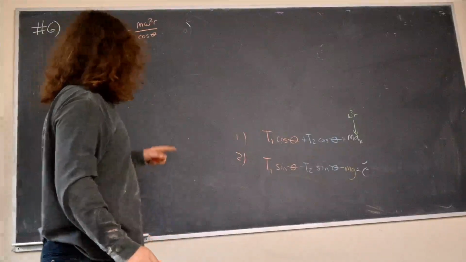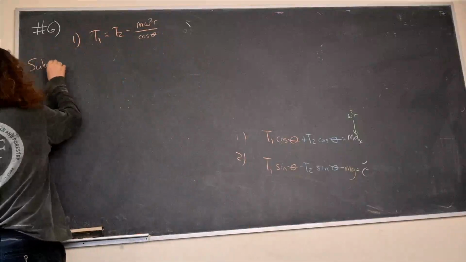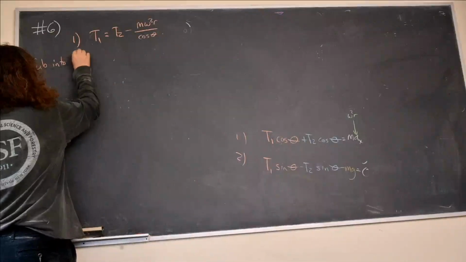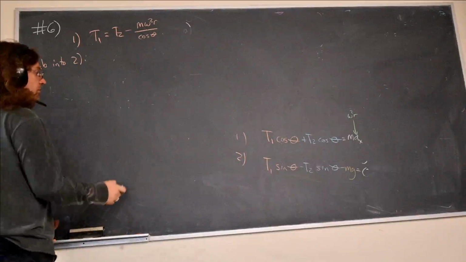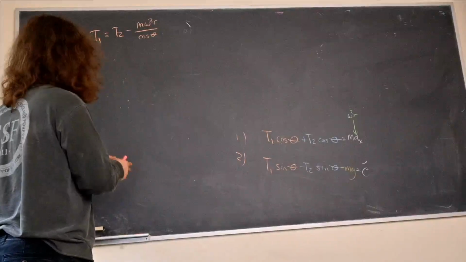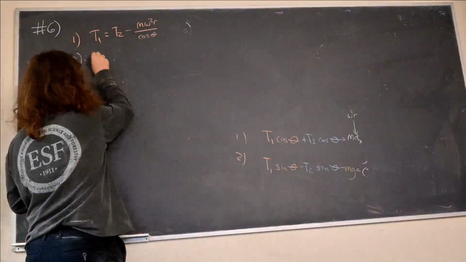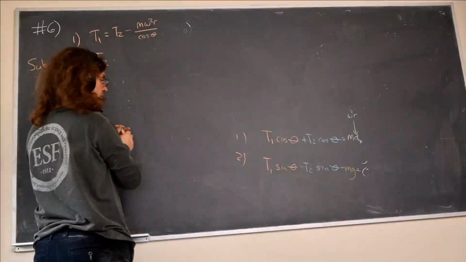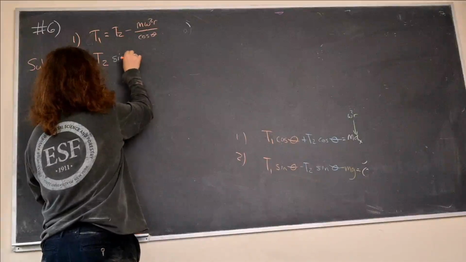So now we substitute that into number 2. So I'm going to write the part that I substituted in orange and the rest in blue. So that gives me T2 sine theta.